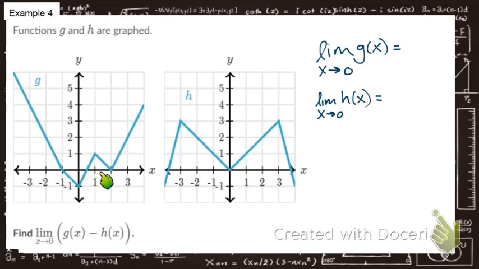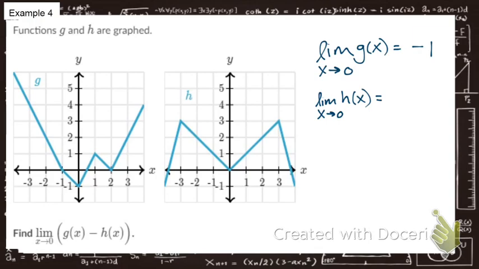When we look at this graph of g of x and I get close to x equals 0 from the left and I get close to x equals 0 from the right, what is it going toward? Good. The output would be -1. So the limit of g of x as x approaches 0 is -1. Write that down. -1.